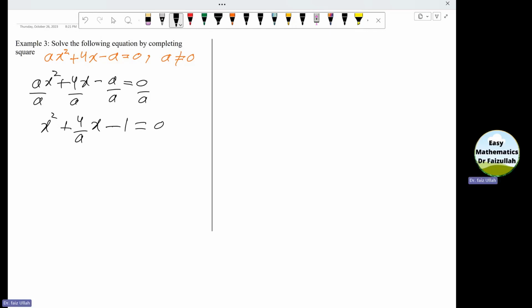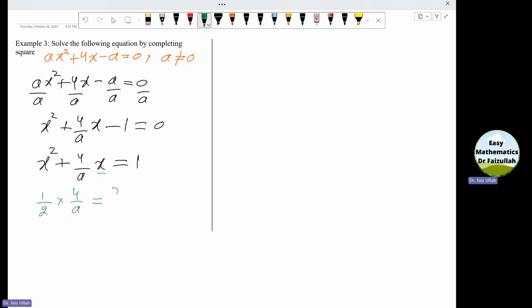In the next step, we shift the constant term to the right hand side of the equation.